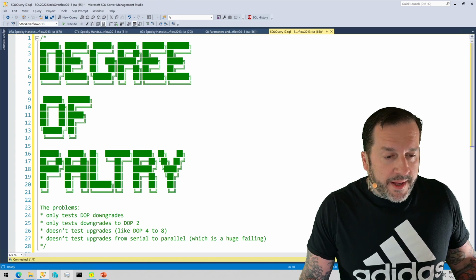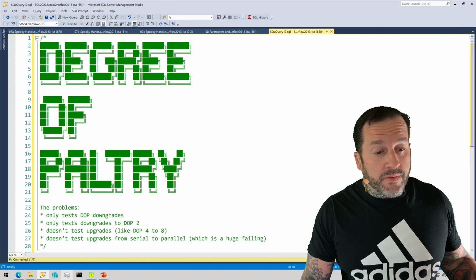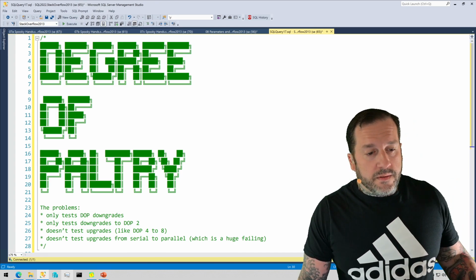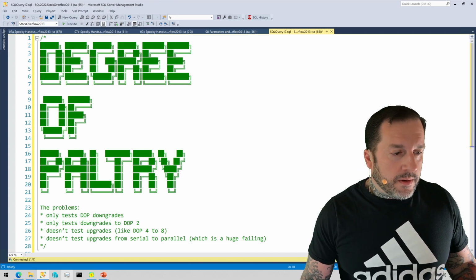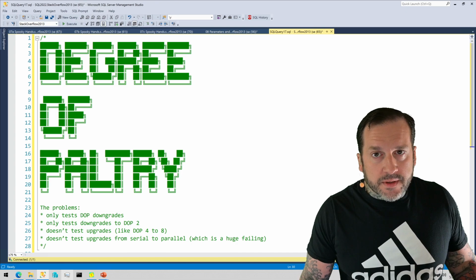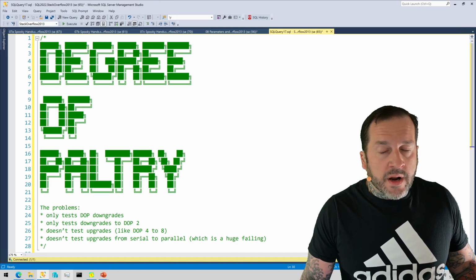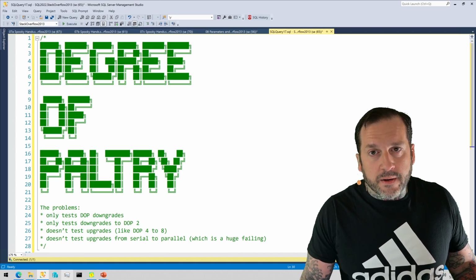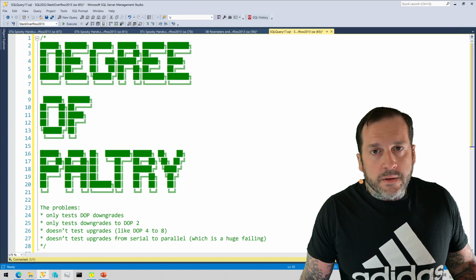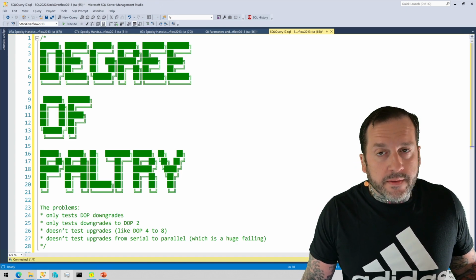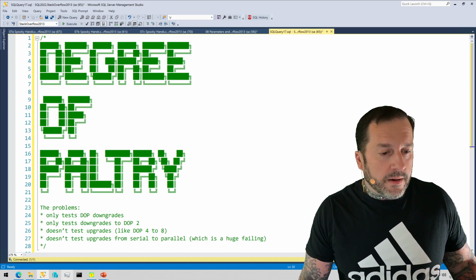I think that a much better addition to SQL Server than degree of parallelism feedback, which only focuses on downgrading parallelism, would be a setting that would allow SQL Server to explore parallel plans for queries that do not break the cost threshold for parallelism setting, and look at their overall duration, perhaps their waits as well, if that's the kind of thing that you care about, and figure out if a parallel plan would be better.